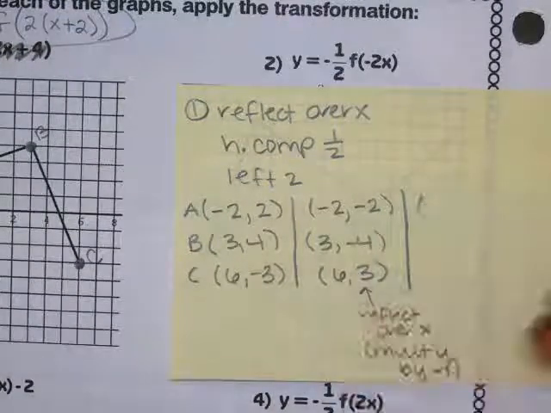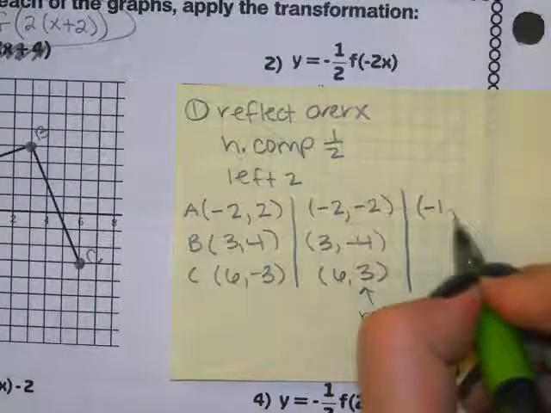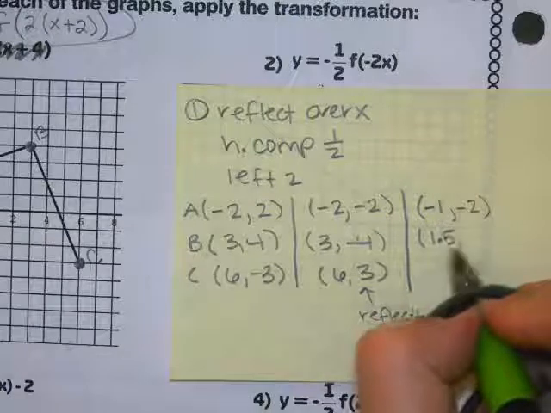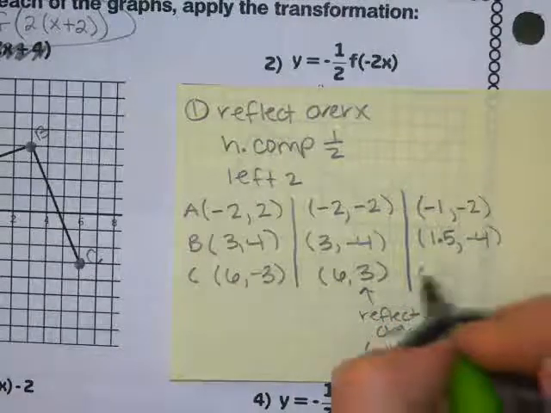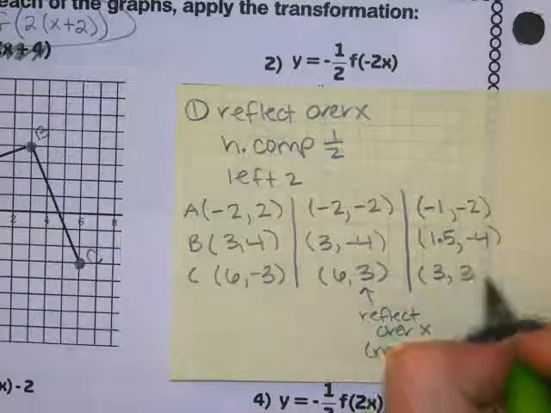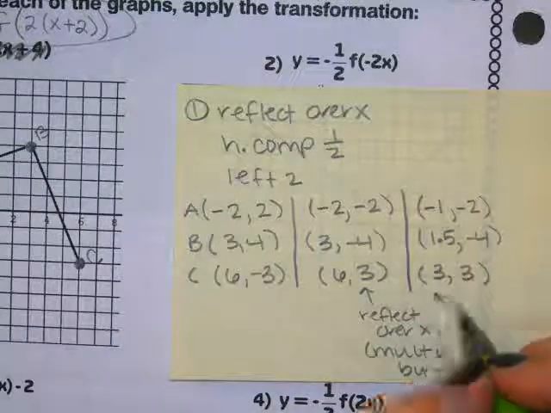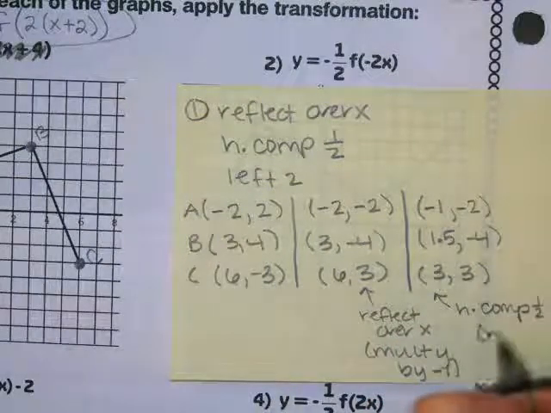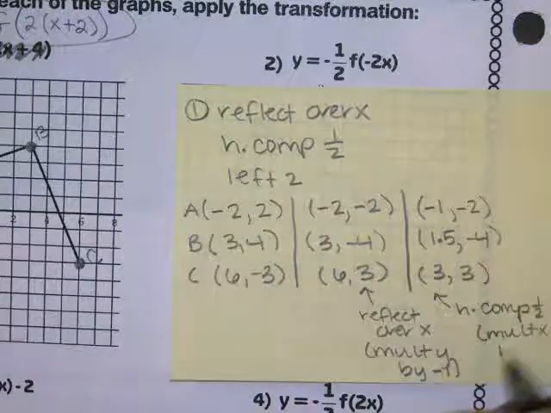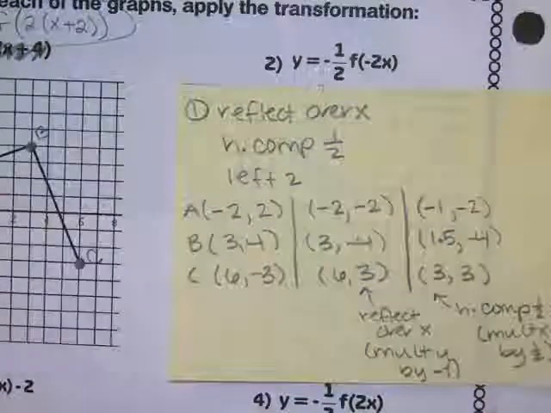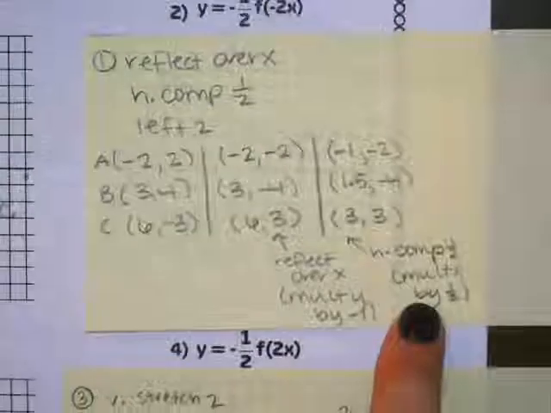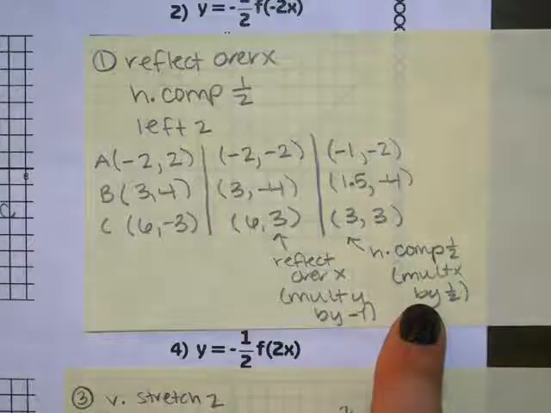So we've got 1/2 of -2, 1/2 of 3, 1/2 of 6. You don't have to write these words down here at the bottom every time. I'm writing that so that if you need it in your notes, then you'll have it to write down.